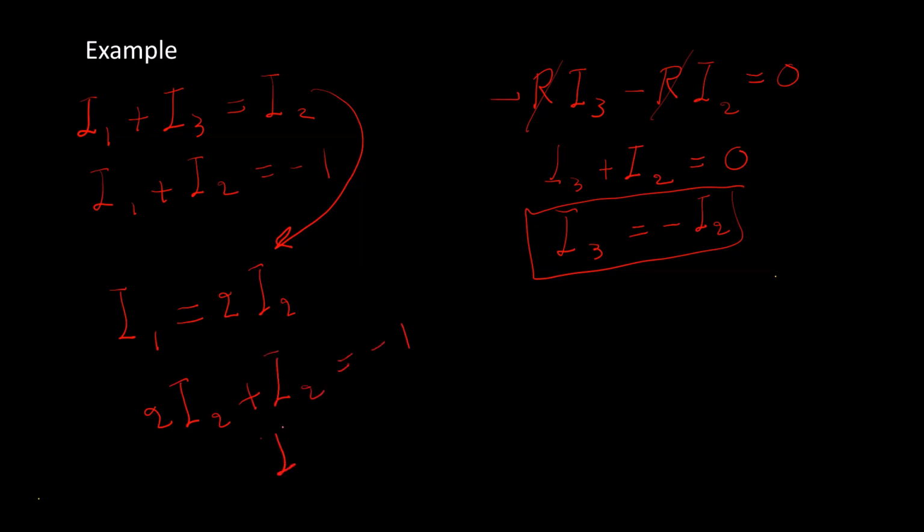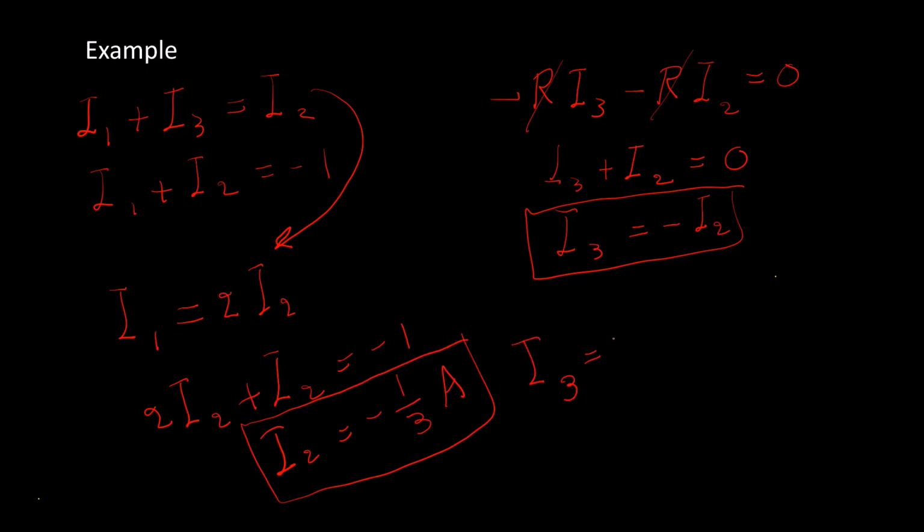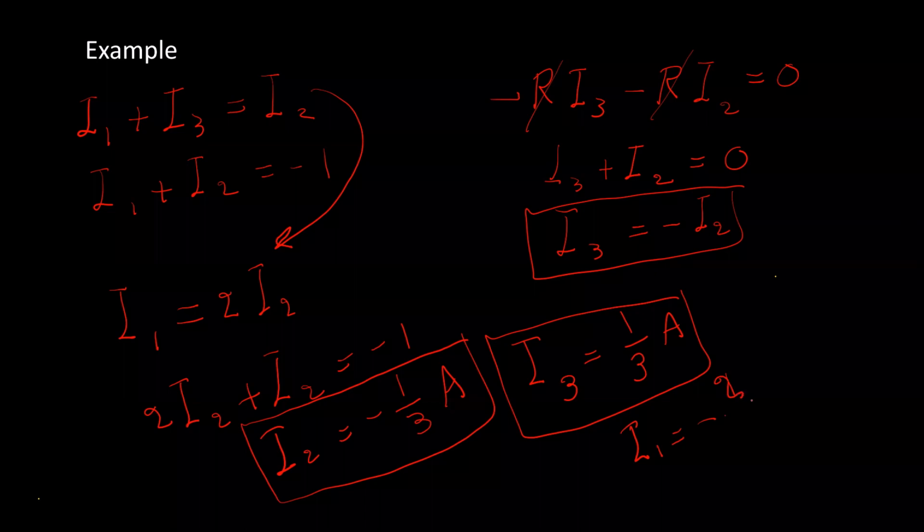So I2 is negative 1/3. And I3 is 1/3 of an amp. And I1 is negative 2/3 of an amp.